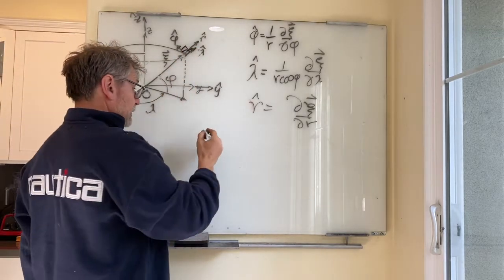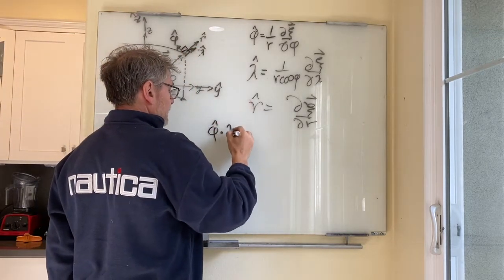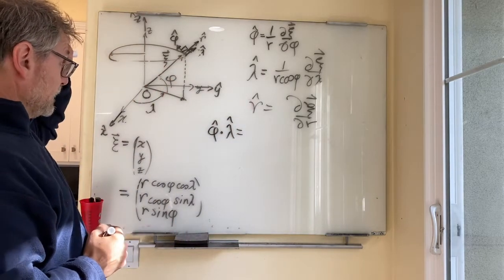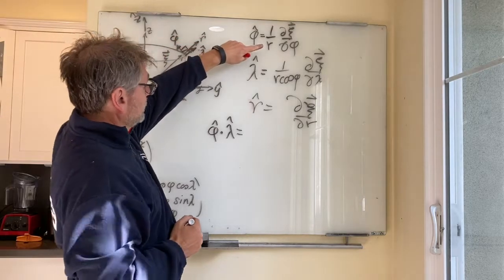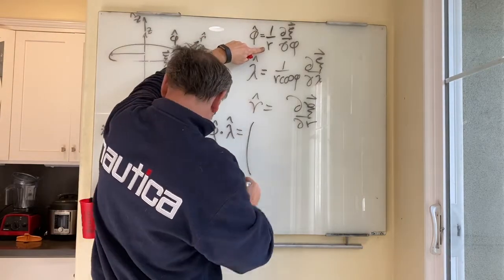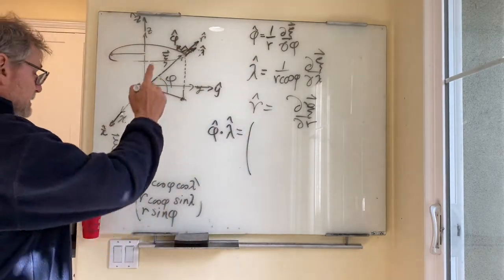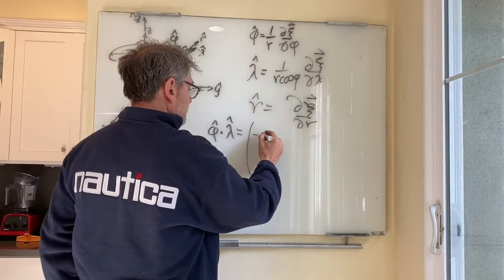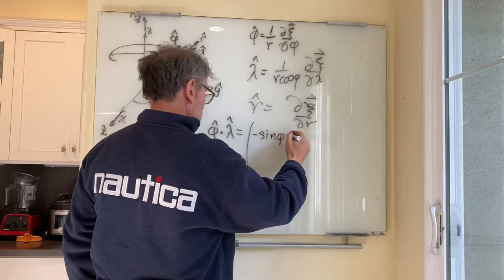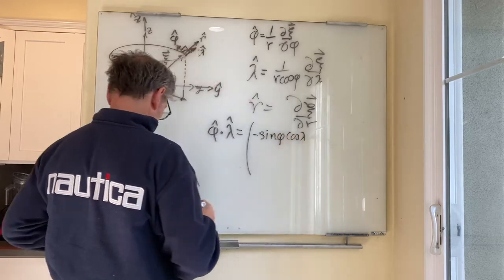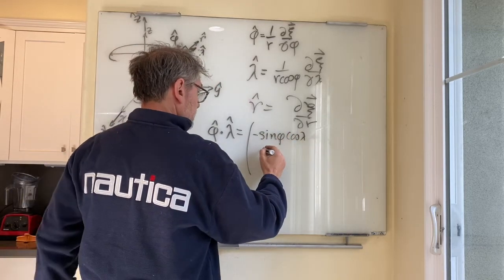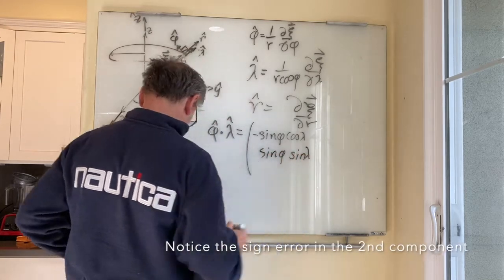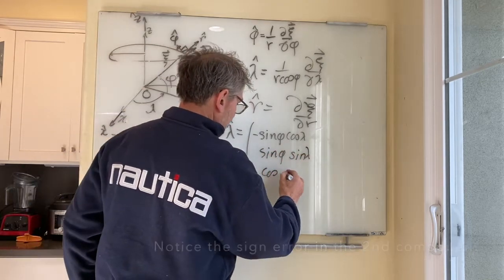So, for example, let's check phi hat dotted with lambda hat. Phi hat was dx d phi divided by 1 over r. So that is going to be minus sine phi cosine lambda, sine phi sine lambda, and cosine phi.